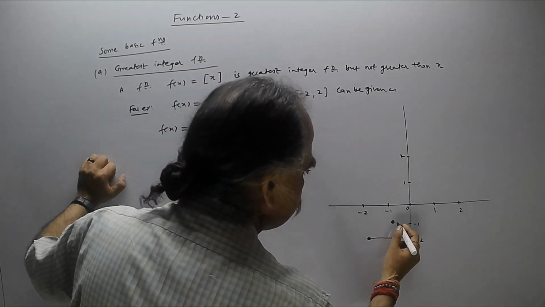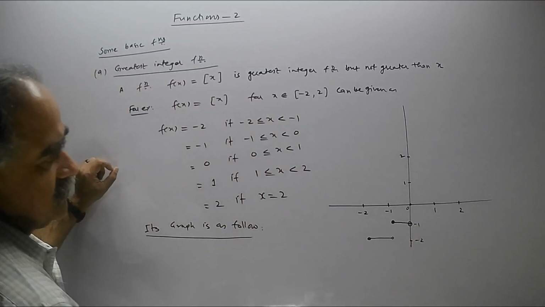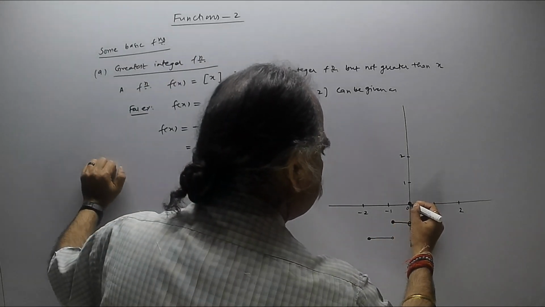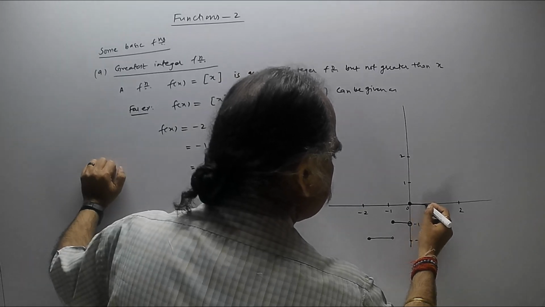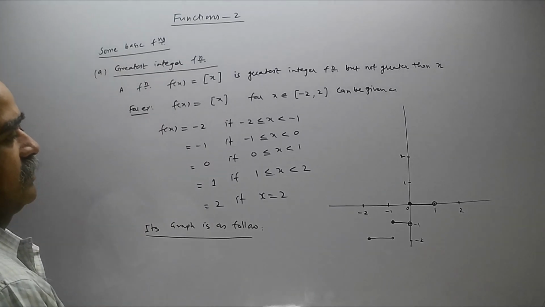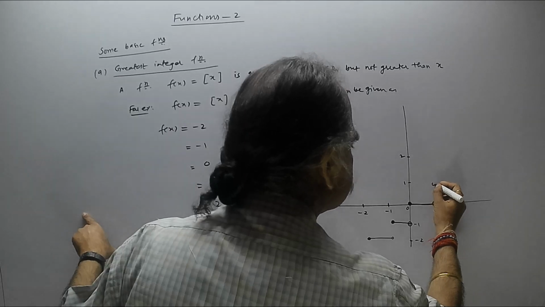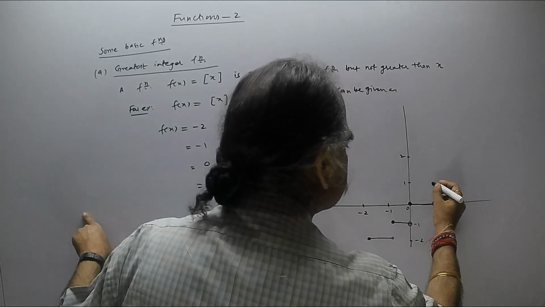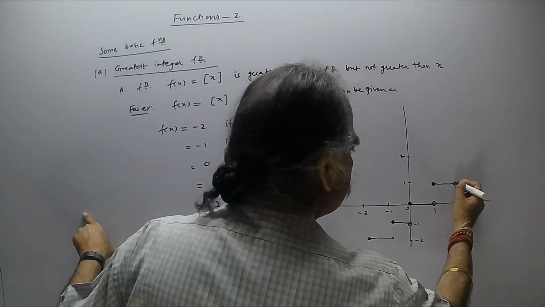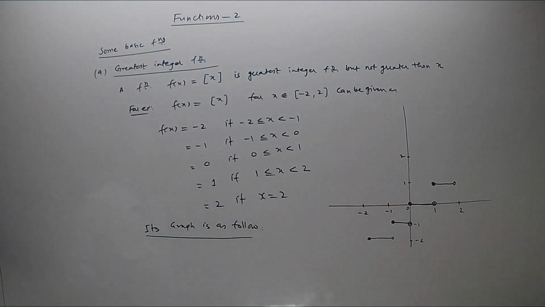Now -1 is included. This point is not included. Then 0 to 1, it is what? 0. Where 0 is included up to this. This is not included. Then between 1 and 2, it is what? 1. Lower limit is always included. So you can see it is what? A step. So that is why it is called a step function.